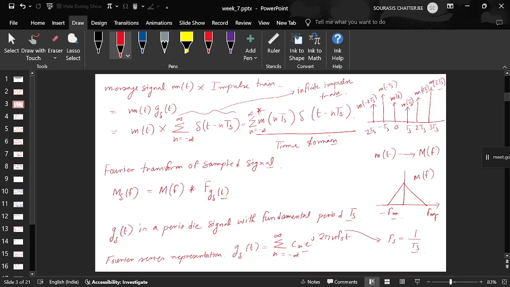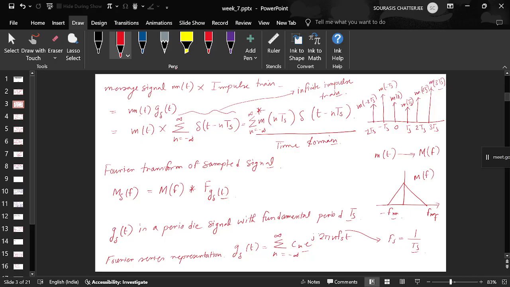When you talk about aliasing and distortion, it's always better to look at the frequency domain, because then it's easy to express what we mean by information content, distortion, and recovering the signal properly without aliasing. These are all terms that apply in the frequency domain. So we need the Fourier transform, the frequency domain representation of the sampled signal. In the time domain, it's a multiplication between the message signal and the infinite impulse train.